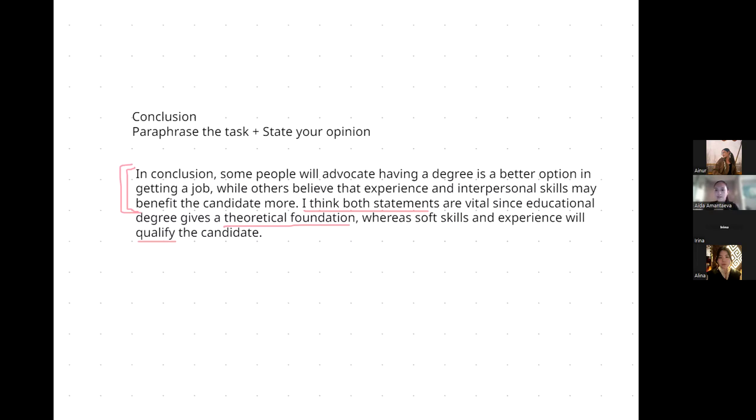And last one, Silara. In conclusion, some people support the view that to get a job is vital to be experienced with interpersonal skills, whereas others people argue that with a bachelor degree, it is easier to employ it. I support both statements. However, in 21st century, employees give a chance to individuals with problem-solving skills. So I am not really sure regarding the last sentence.